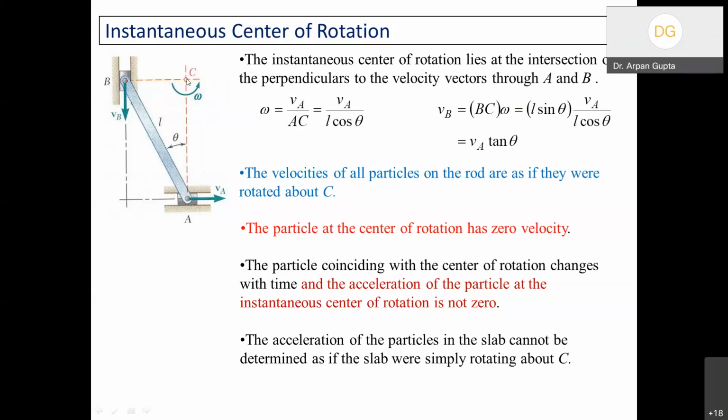So with time, this point C is moving, and the acceleration of the particle at the instantaneous center of rotation is not 0. And therefore, we cannot use the instantaneous center for doing acceleration analysis. So accelerations of particles cannot be determined by assuming that this whole body is rotating about point C, right? Acceleration analysis cannot be done, but velocity analysis can be done, and it's quite helpful to get a quick answer.